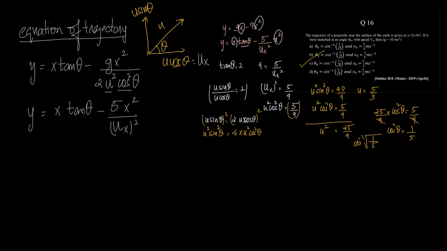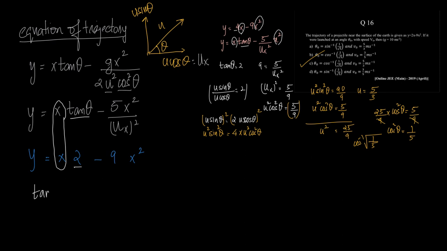Now I compare this equation with the given equation, which is y = 2x − 9x². Now let us have a look at the variables. We have x and x here, which definitely means the coefficients should be equal.